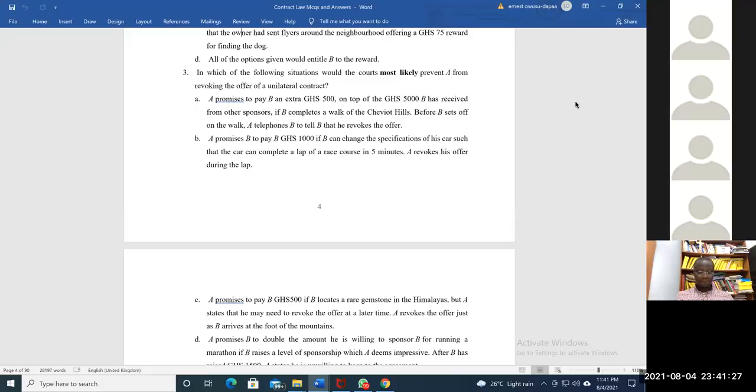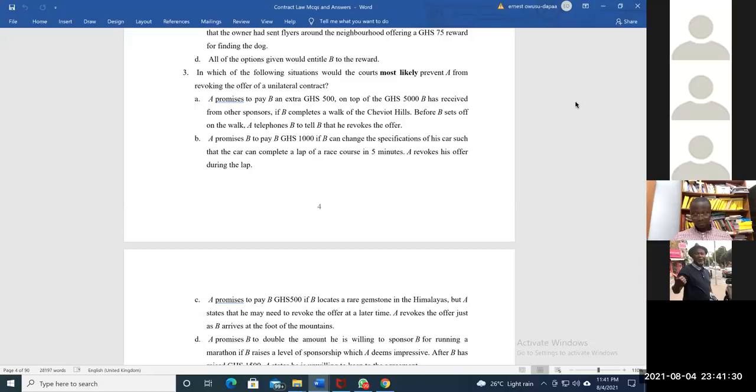Well, I want to say one of the principles is that for a unilateral contract, once the performer has commenced, the court may not allow the offeror to revoke the offer. The mere fact that the offeree has commenced performance is sufficient. Thank you. Okay, and do you have any authority to buttress that? Any case law?